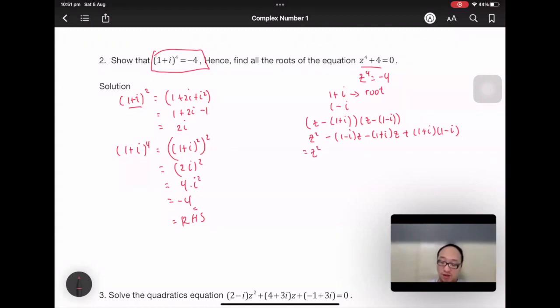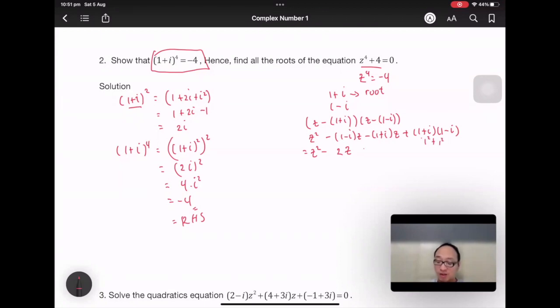So z squared, minus 1, so it's minus 2z, plus i minus i, so it's only 2z. And then from here we have 1 squared plus 1 squared.